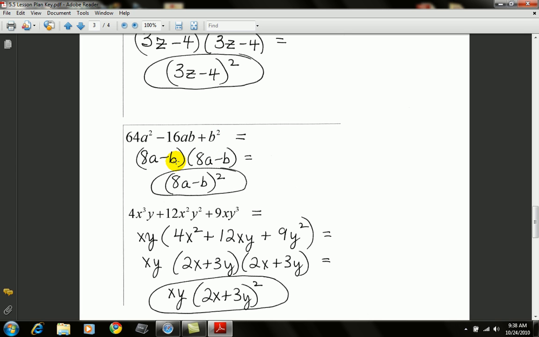If I want to make sure the middle is correct, I chin and grin it. Chin is the inner part, negative 8ab. Grin is the outer part, negative 8ab again. That gives me negative 16ab, so I know it checked. And if I want to write it in a succinct form, I can write it as 8a minus b quantity squared.